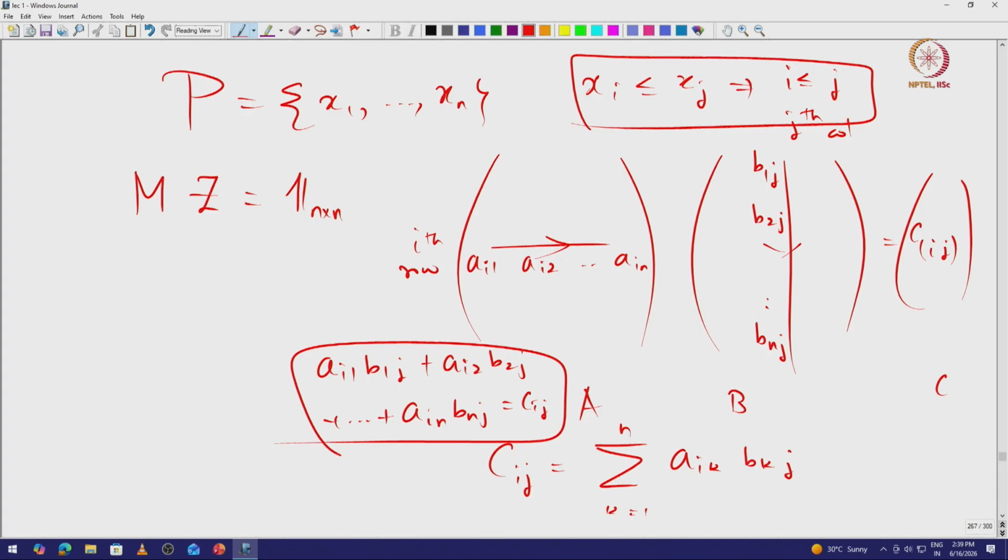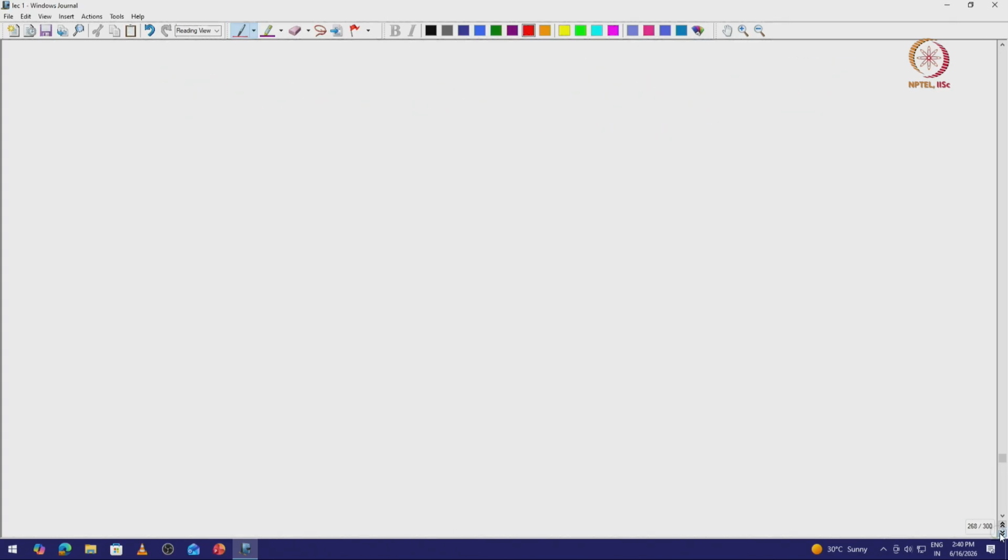Indeed, it is motivated from what is called the convolution product. So, that is what gives us a matrix product. Now we have to just spell out what happens to m and z in this case.